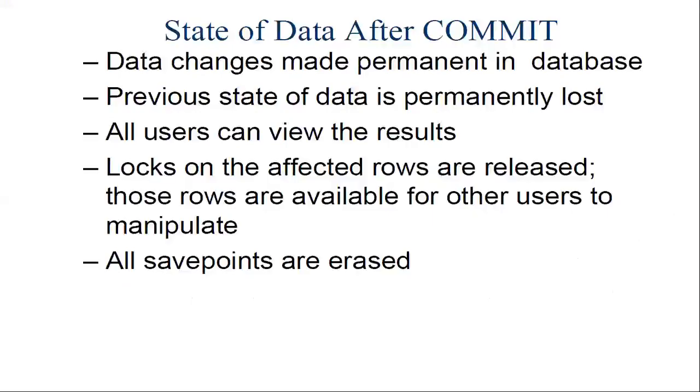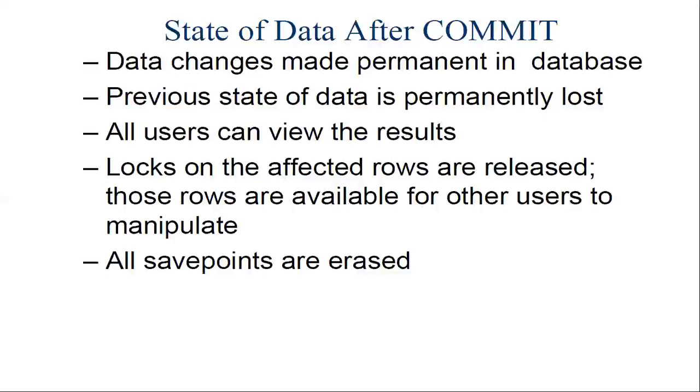And the next one is the state of data after commit. So what will happen after the commit? Once the commit command is issued, data changes are made permanent in the database. After executing the transaction, if you use the commit command, whatever manipulation or modifications you have done to the particular data will be changed permanently in the database, and the previous state of data is permanently lost. The new data will be updated, and all users can view the result.